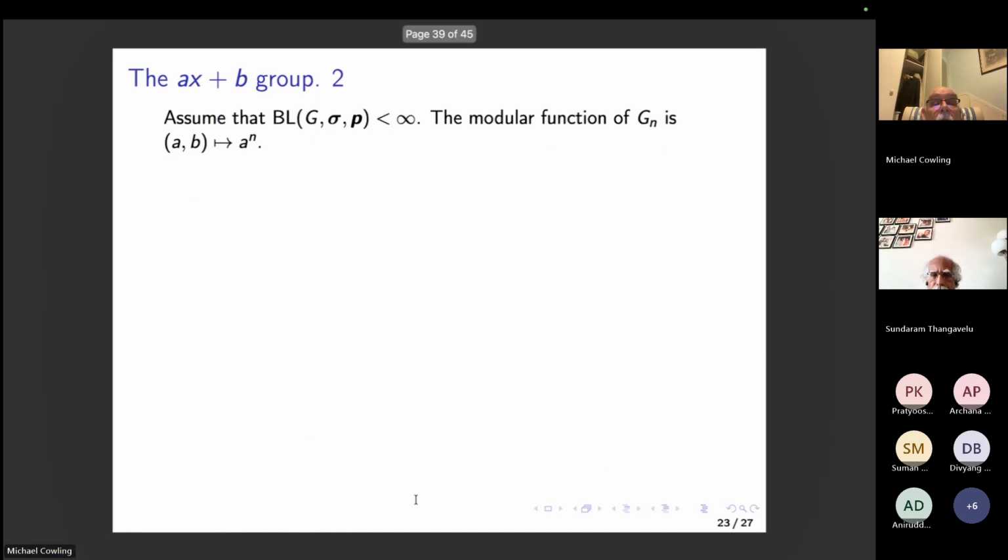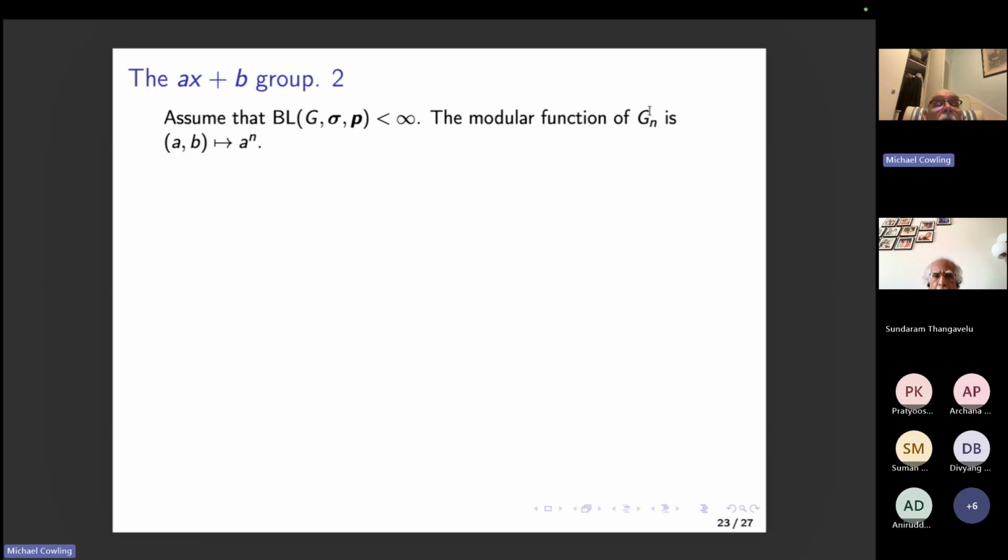So let me once again assume that the Brascamp-Lieb constant is finite. In other words, that there is a Brascamp-Lieb inequality that holds. And I will remind you, the group Gn is not a unimodular group. Now that means that it's got a Haar measure that is invariant under left translations, but it's not invariant under right translations.